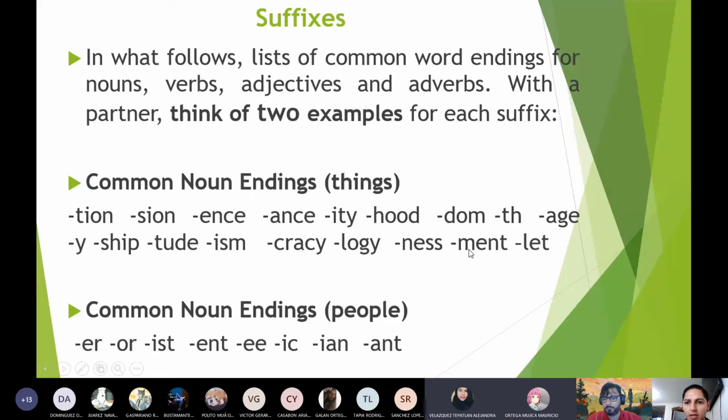Correct. Coolness. This one? Installment. Okay. And finally this one. Outlet. Perfect. Excellent. Very well. Yeah, bracelet or pamphlet, etc. Outline. Very fast. So we have a couple of common endings for nouns, right?